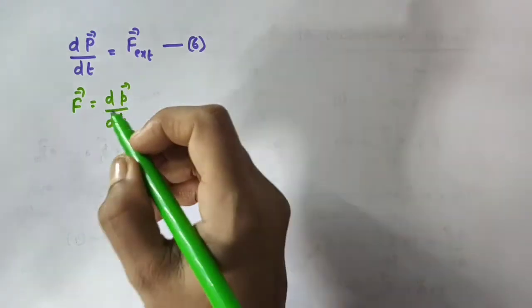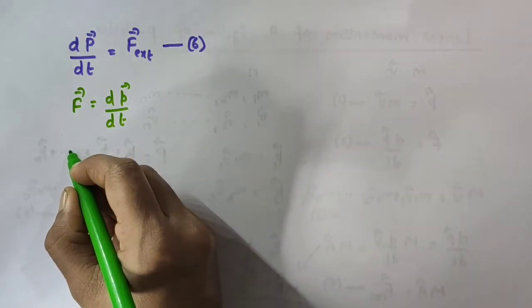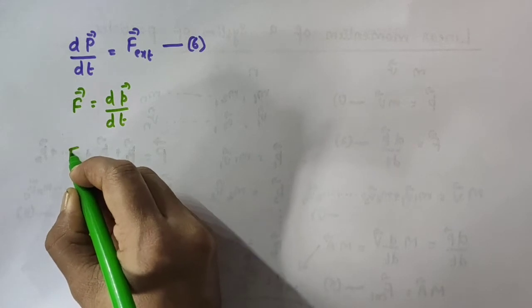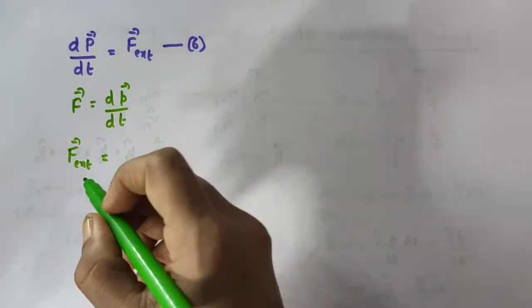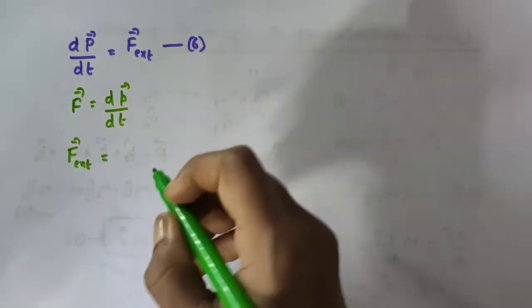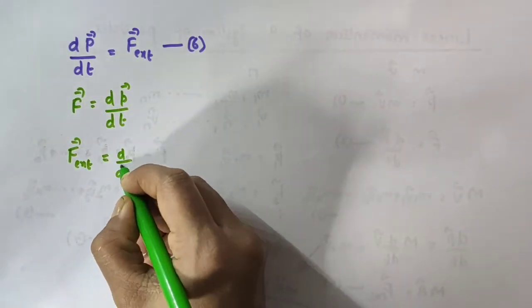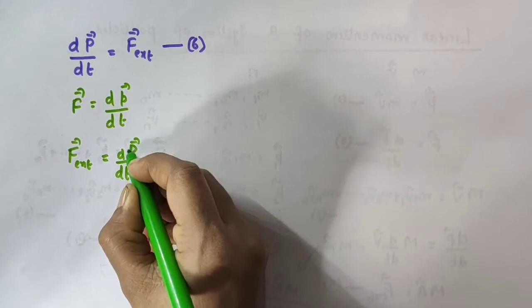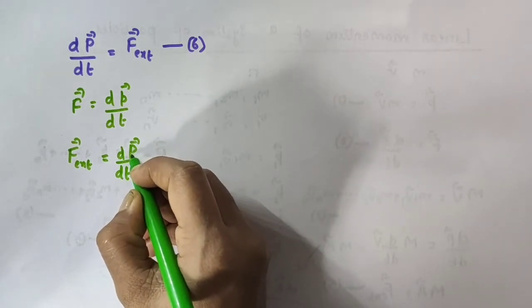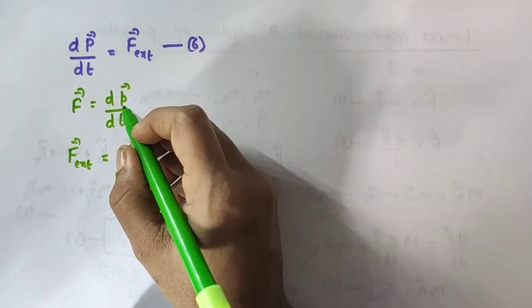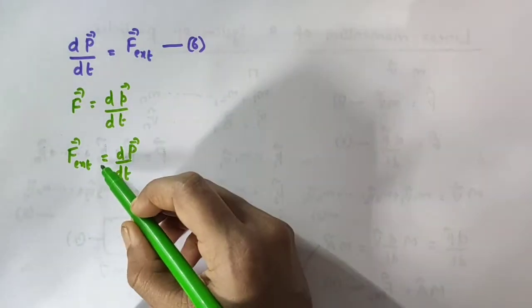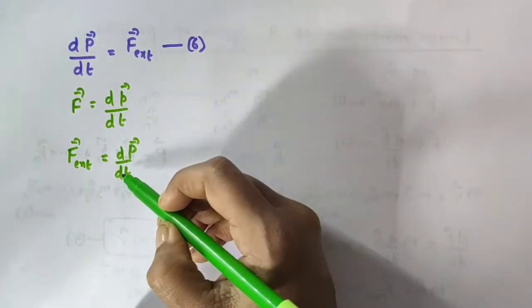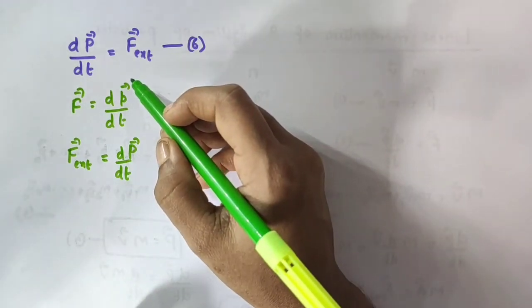For a system of particles, we can write vector F external, the total net external force acting on the system of particles, is equal to d by dt of the total linear momentum, d by dt of vector P. This is capital P and this is small p. This equation number 6 is actually Newton's second law extended to a system of particles.